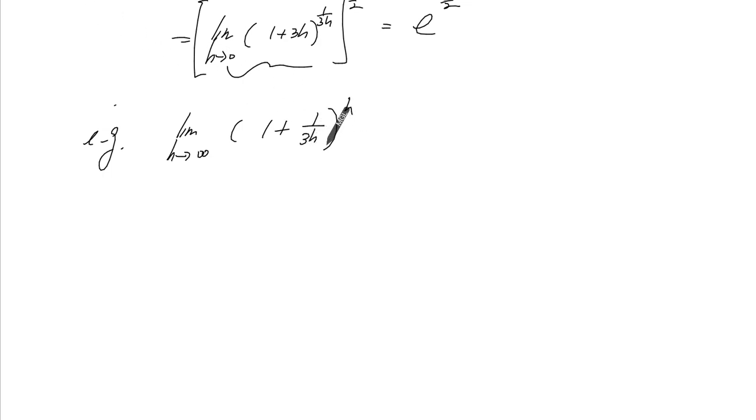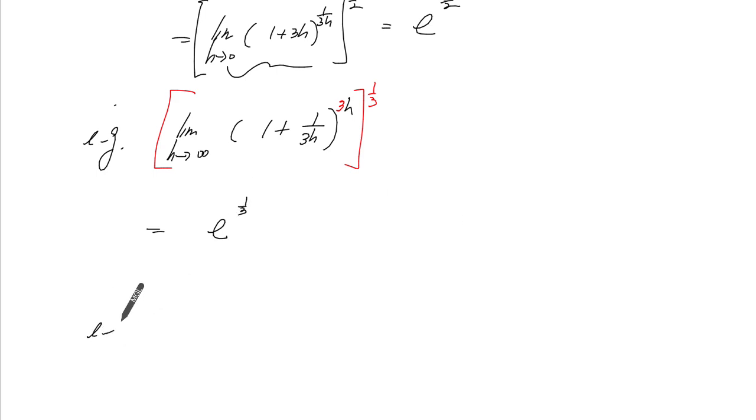So once again, the rate at which this and this are approaching infinity has to be equal. So this is 3, so we need a 3 here. But of course we can't just do that. We have to multiply and divide at the same time. Now this is approaching infinity and this is approaching infinity at the same rate. So it's going to be e to the power of 1 over 3.